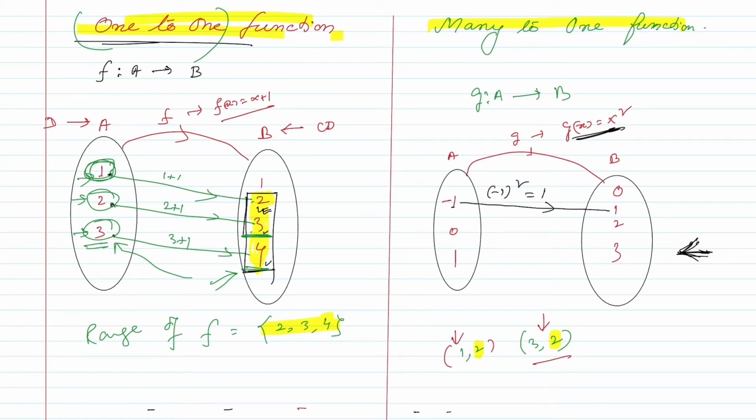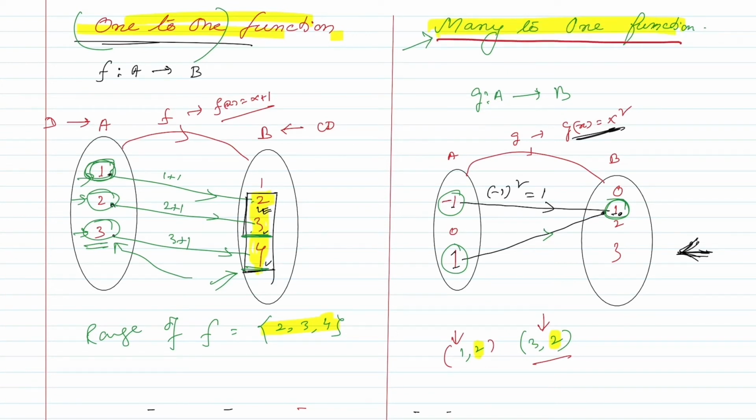And +1 squared is also equal to 1. That's why these two elements, -1 and +1, both are pre-images of 1 in the codomain. As it has two pre-images, this function is called a many-to-one function.